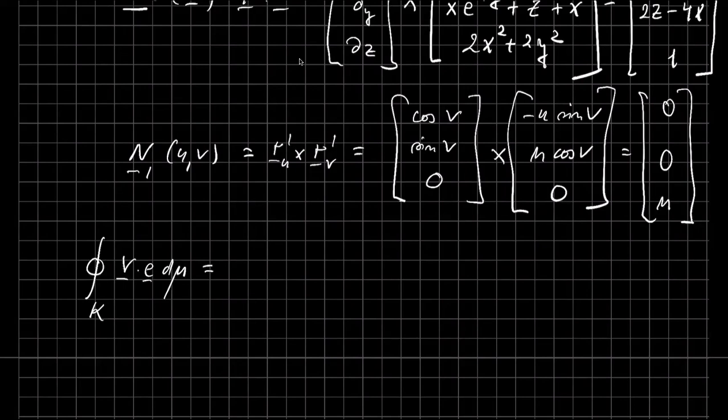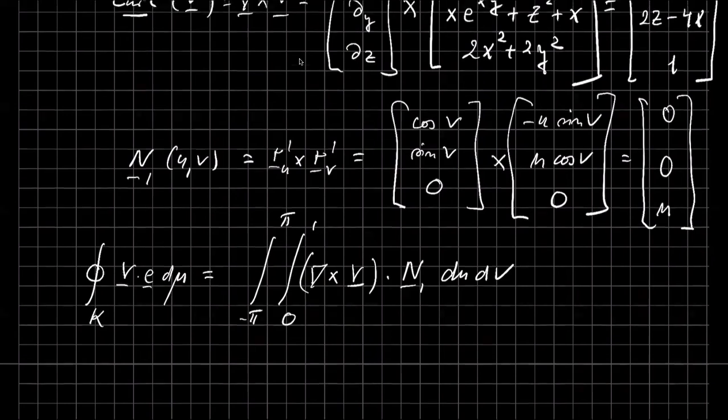Let me show you this, because we have the integral from minus pi to pi, and then the integral from 0 to 1 of the curl of my vector field dotted with the normal vector, and then you integrate with respect to u and v over these respective intervals.